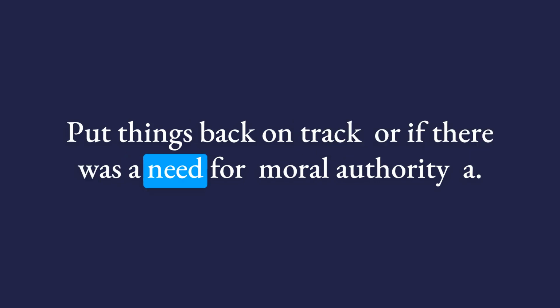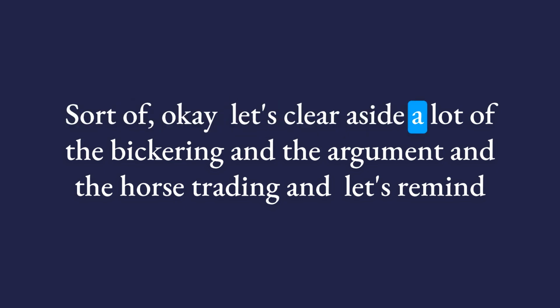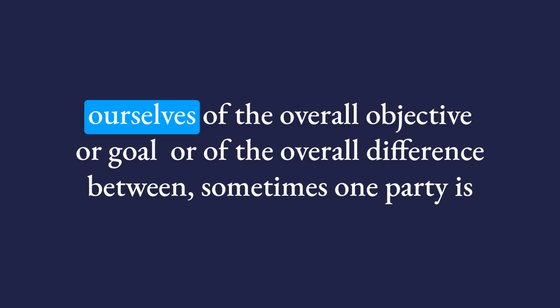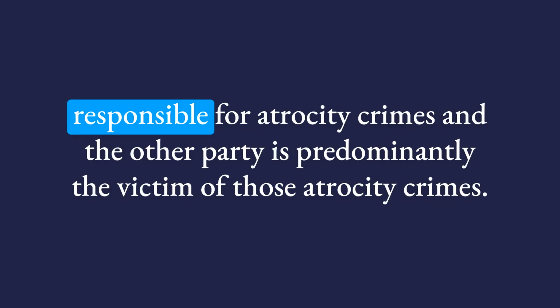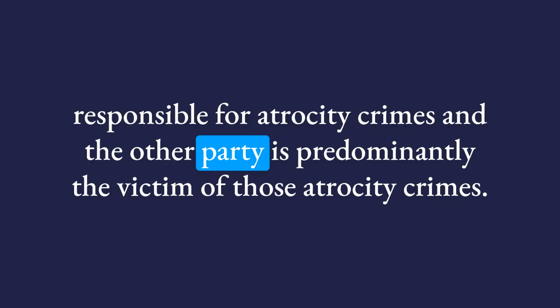Or if there was a need for moral authority, a sort of, okay, let's clear aside a lot of the bickering and the argument and the horse trading, and let's remind ourselves of the overall objective or goal, or of the overall difference between sometimes one party is responsible for atrocity crimes and the other party is predominantly the victim of those atrocity crimes.